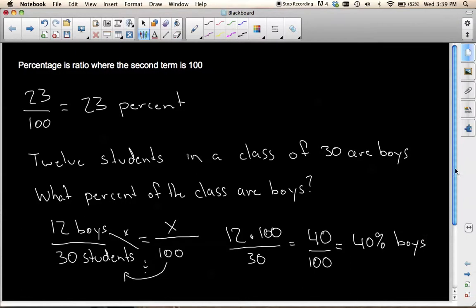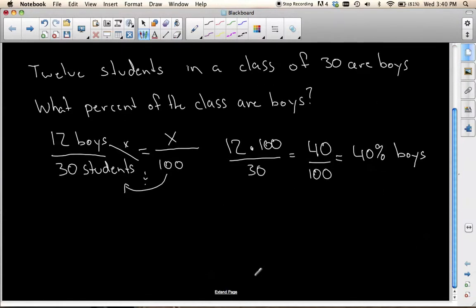Now what if we're trying to figure out not just percentage, but percents and decimal numbers? Well, what we would do is we'd have to convert.